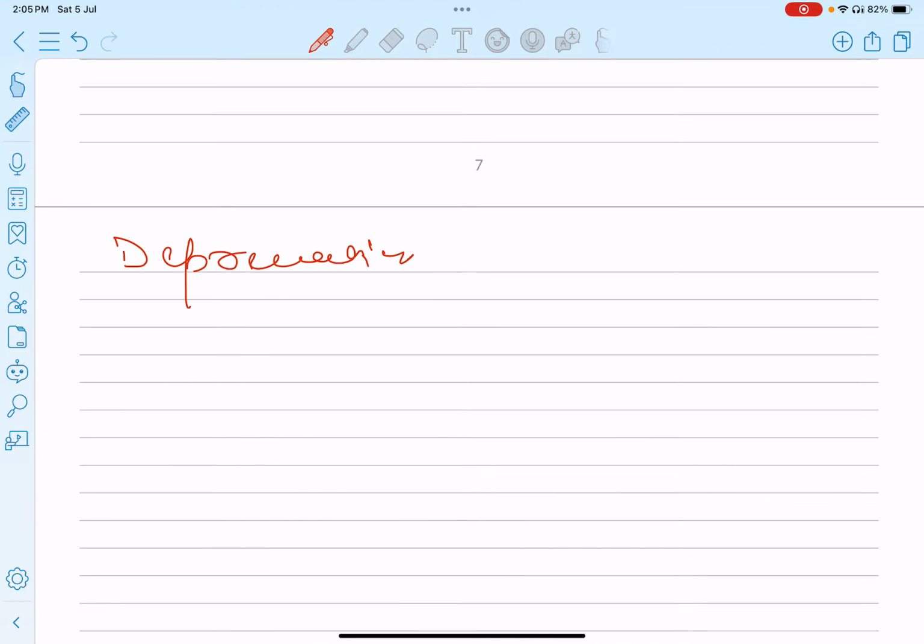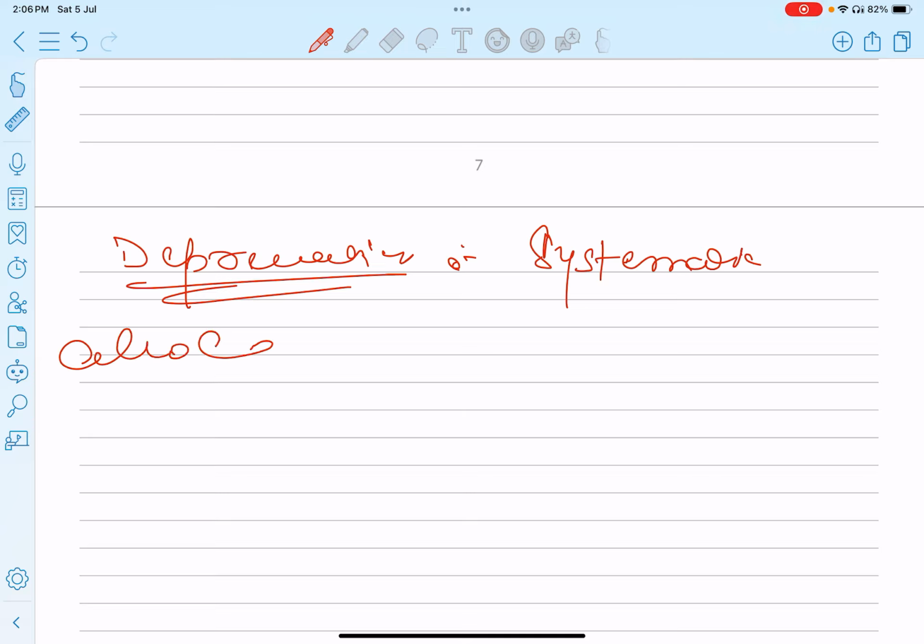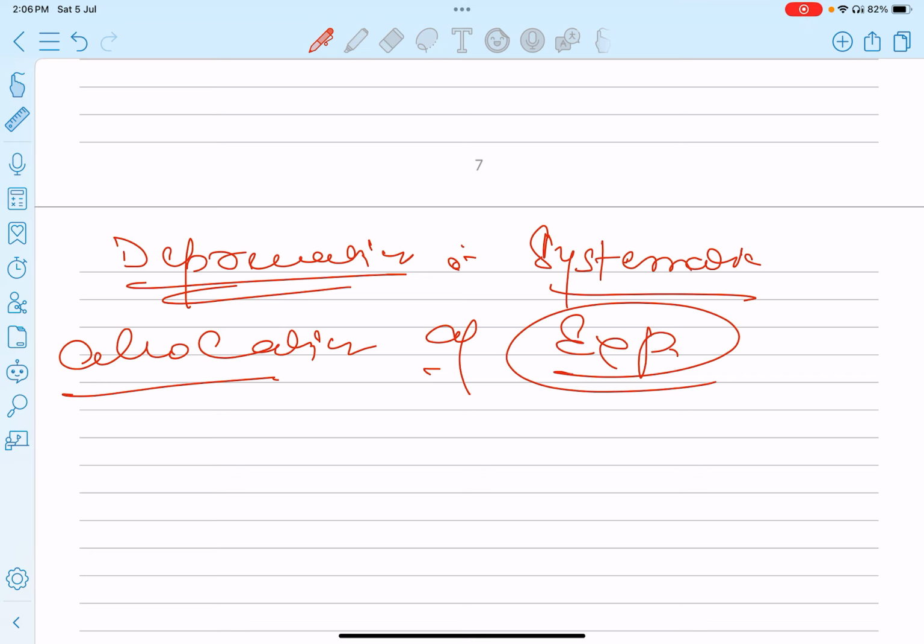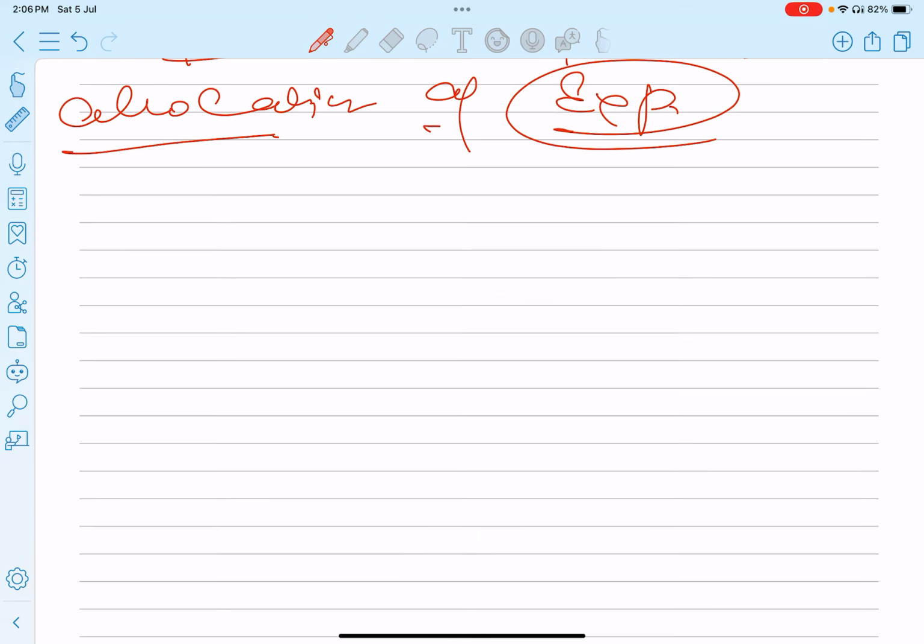So depreciation is a systematic allocation of cost, systematic allocation of expenses. So in that case, we have many types, many ways we are calculating the depreciation, but the easiest and most acceptable is the straight line method.